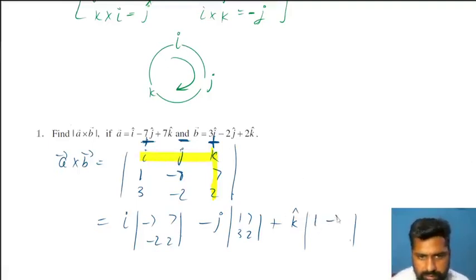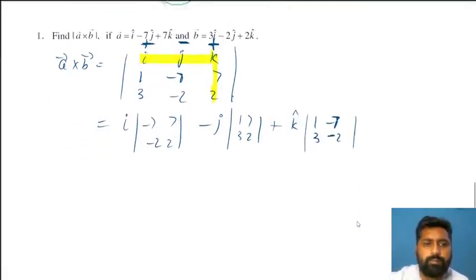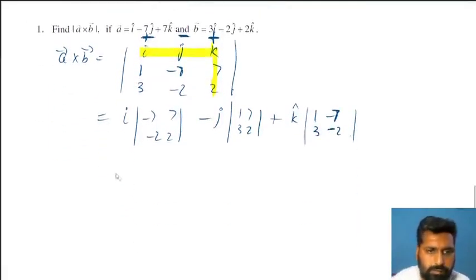So that is 1, minus 7, 3, minus 2. Okay. So I into this determinant, how do we solve this? Multiply cross product and then subtract from another cross.